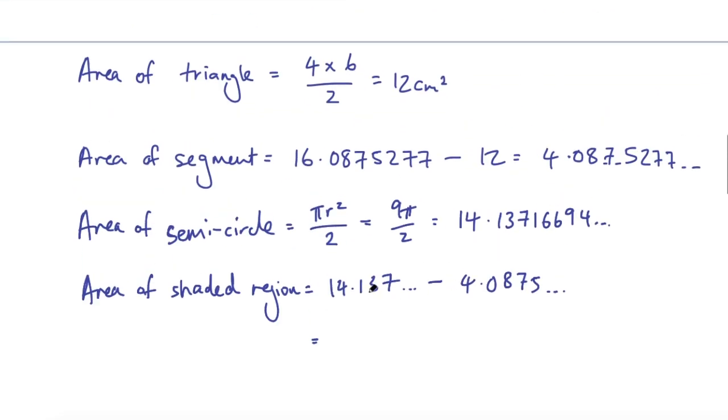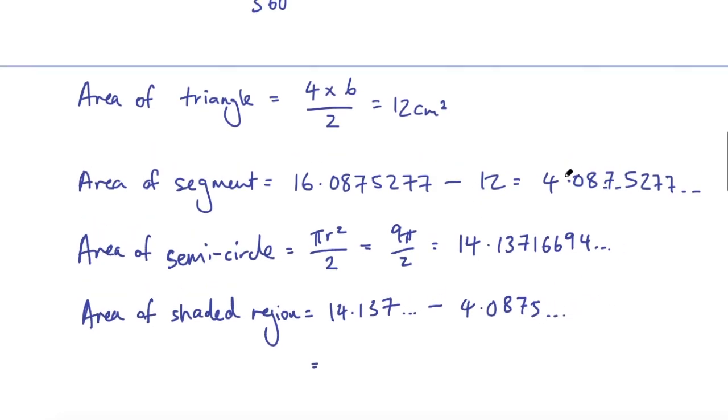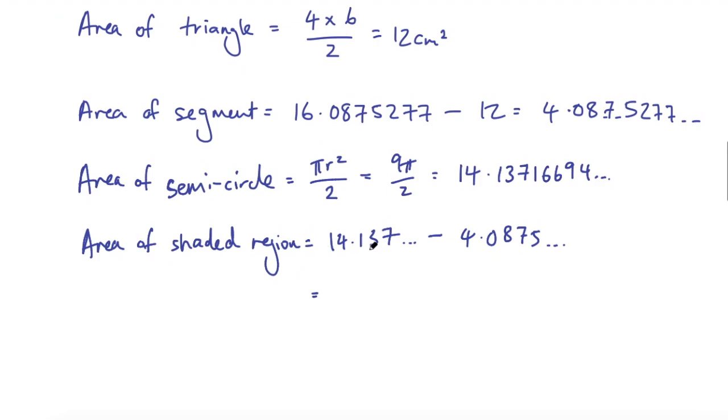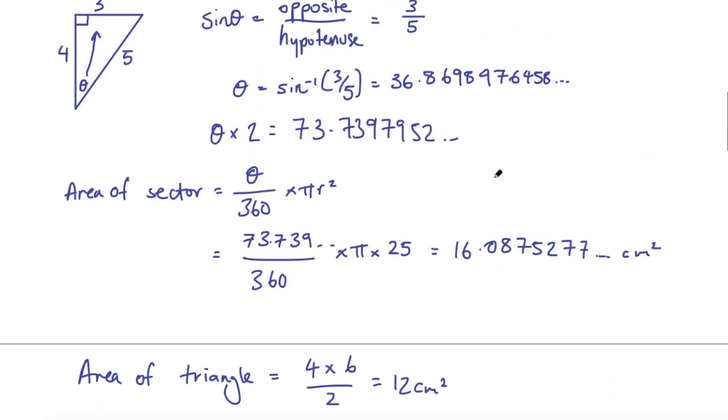Now I'm shortening these just because I can't be bothered writing out all of the digits in these decimals, but in my calculator I've put in all of those digits just to make sure my answer is as accurate as possible. So I've done that on my calculator and my answer comes out to 10.0496392214.